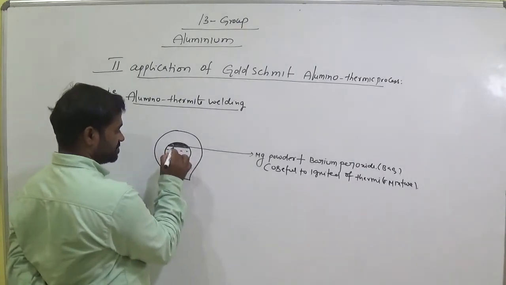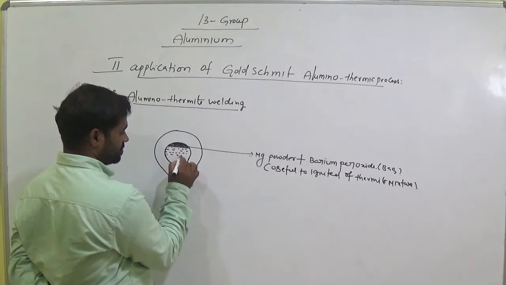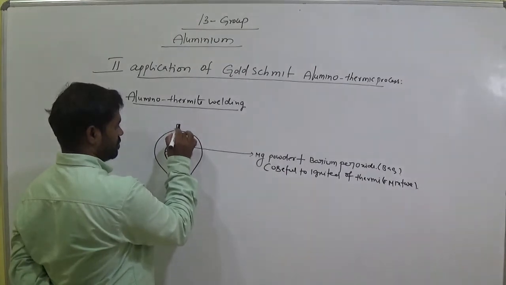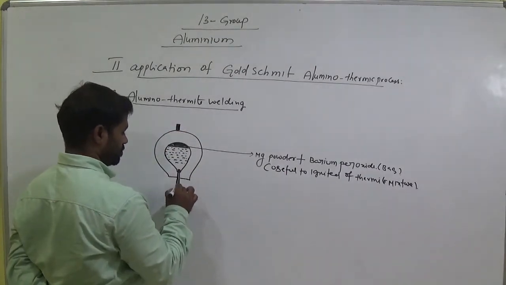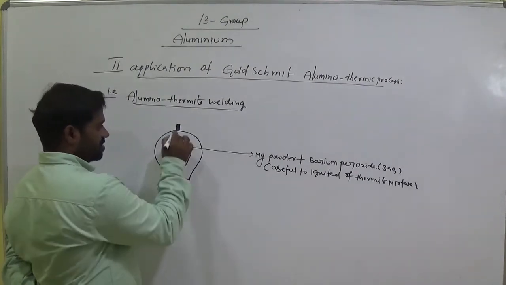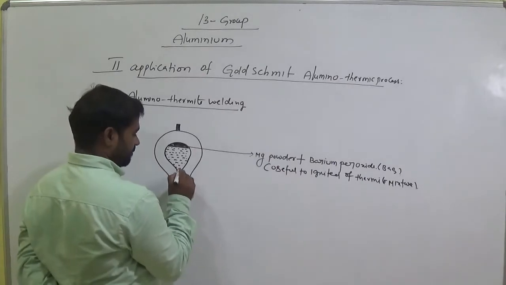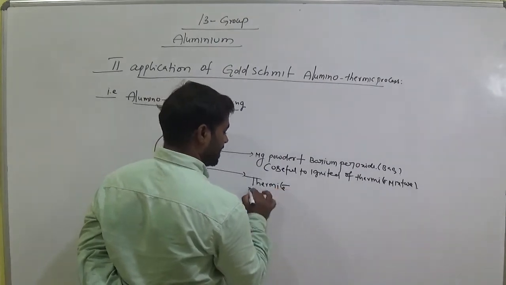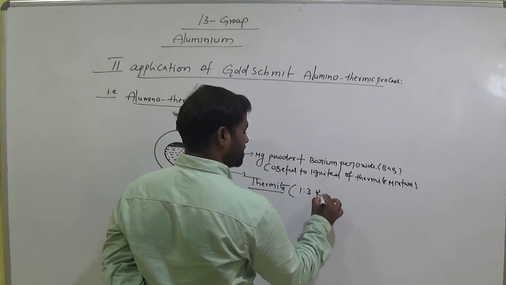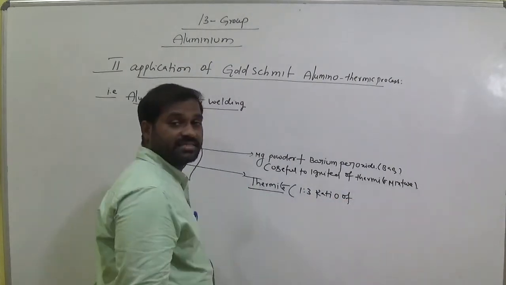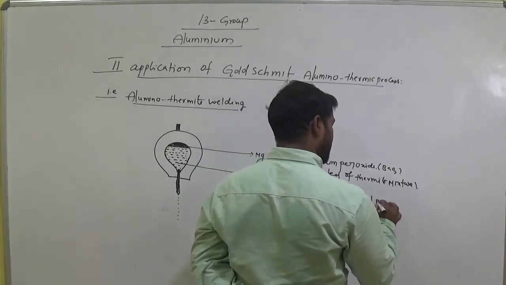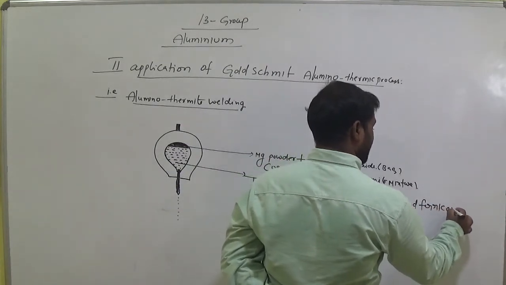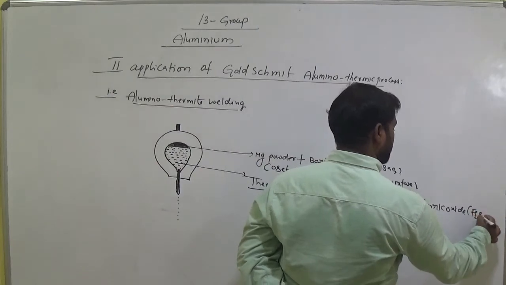Now, below this is the thermite. Thermite means a 1:3 ratio of aluminium powder and ferric oxide, that is Fe2O3 mixture.